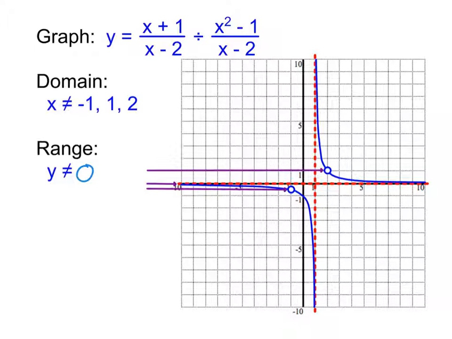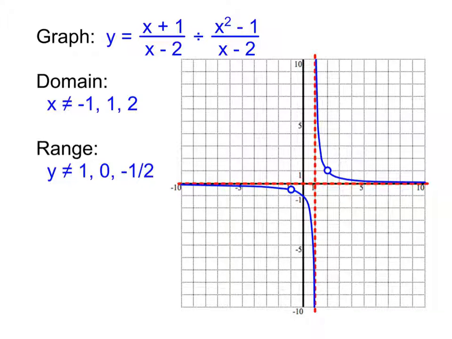So that's got to be up at 1. And this hole down here, well, that's the one that I got by going left 2 and down a half. So I can actually know that that one is going to be at negative 1/2, to be specific.